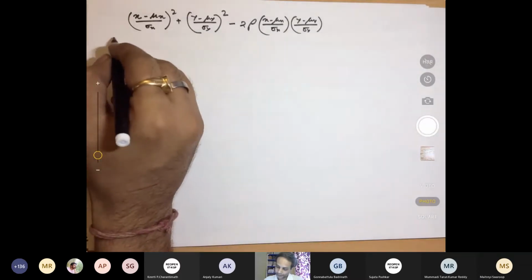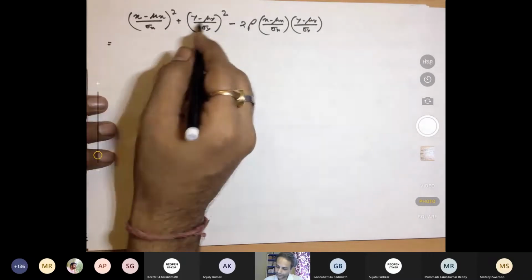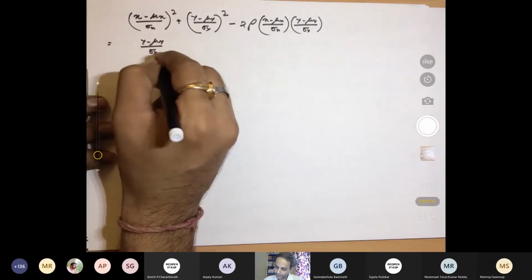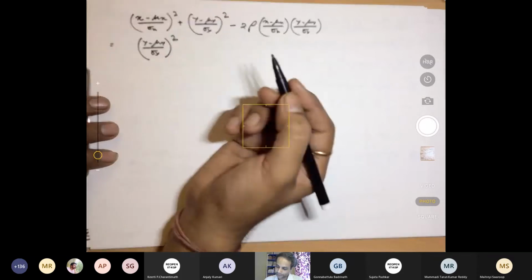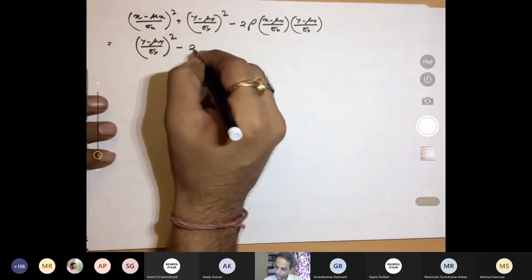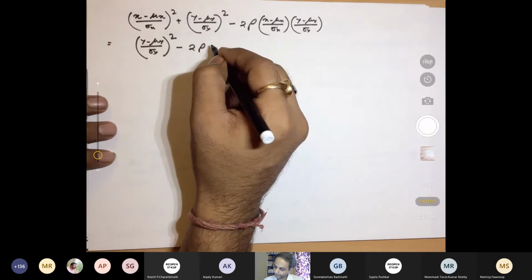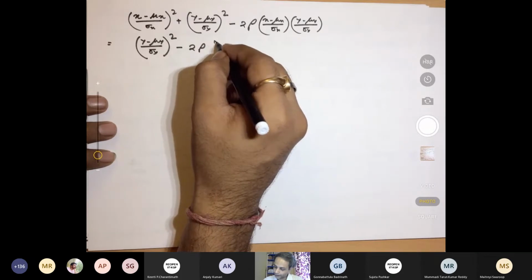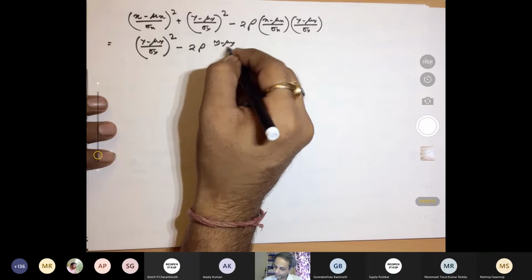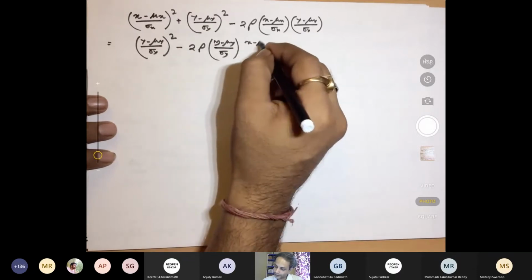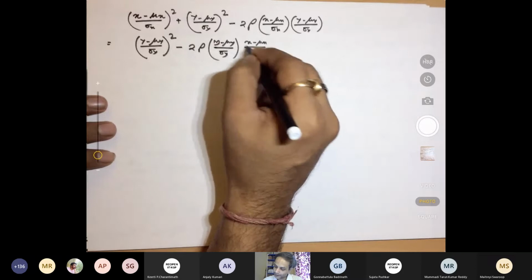Now let us consider this quantity first: ((y minus mu y) by sigma y) whole square minus 2 rho ((y minus mu y) by sigma y) into ((x minus mu x) by sigma x).